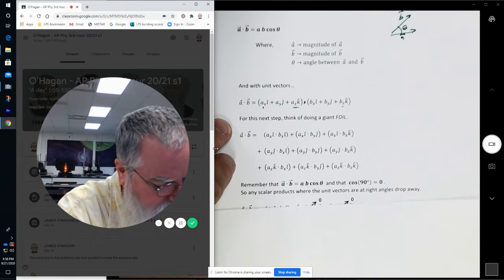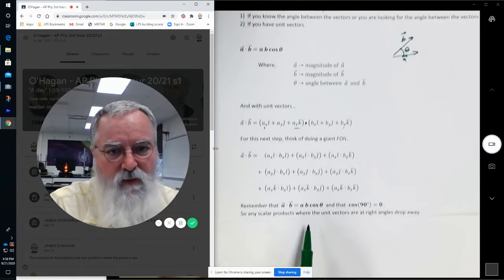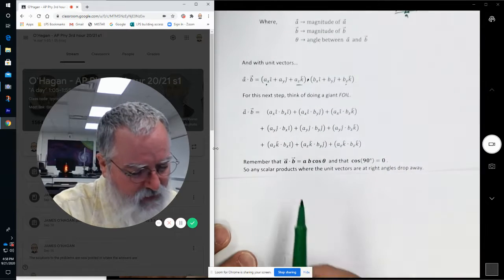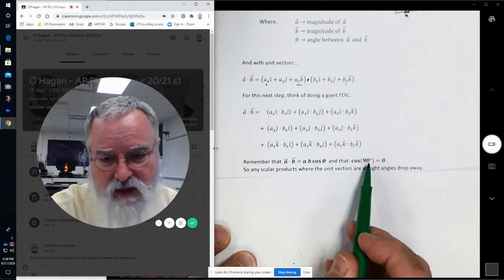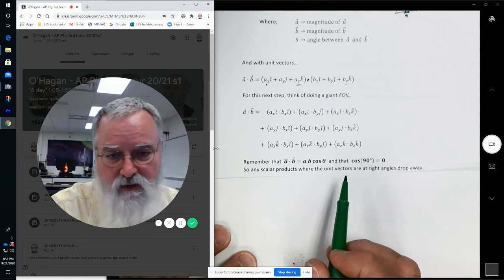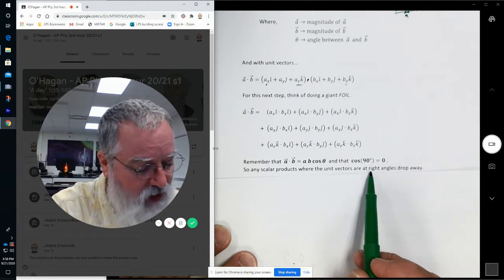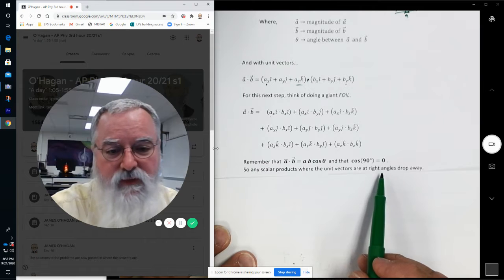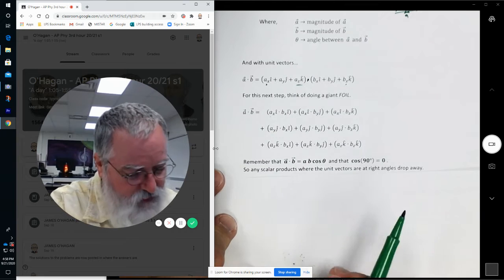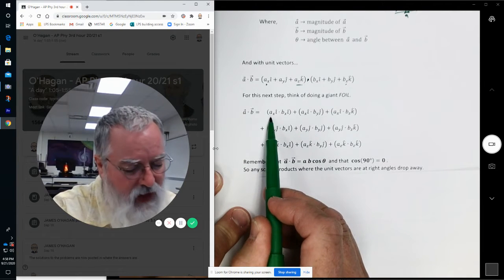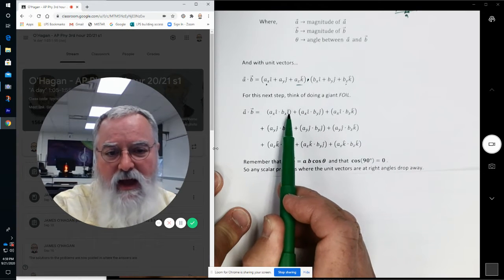So how do you actually deal with this? Remember from way up here that A dot B equals AB cosine theta, and the cosine of 90 degrees is 0. So any scalar products where the unit vectors are at right angles just drop away. For example, this first one, AX in the i, BX in the i: are i and i at right angles?